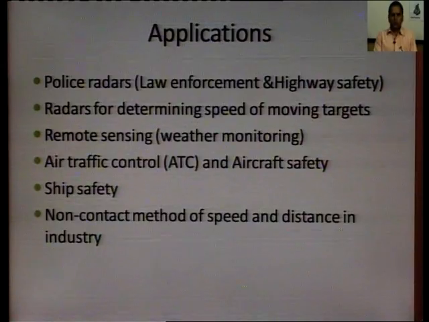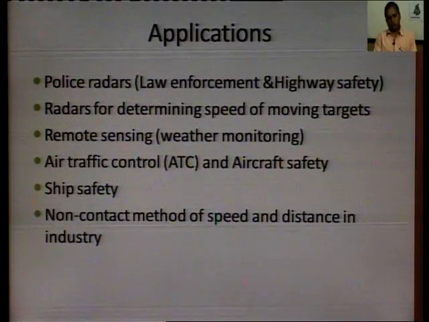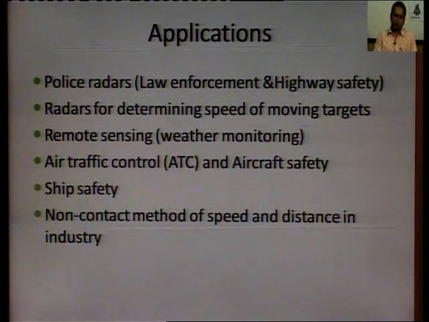Then remote sensing and weather monitoring, we can use radar for the calculation and determination of weather also. Then air traffic control and aircraft safety, which is a very important application of radar.